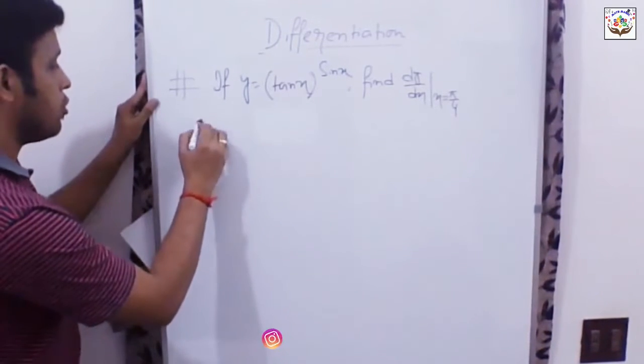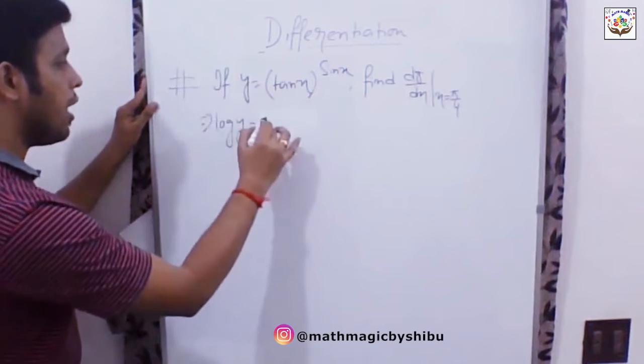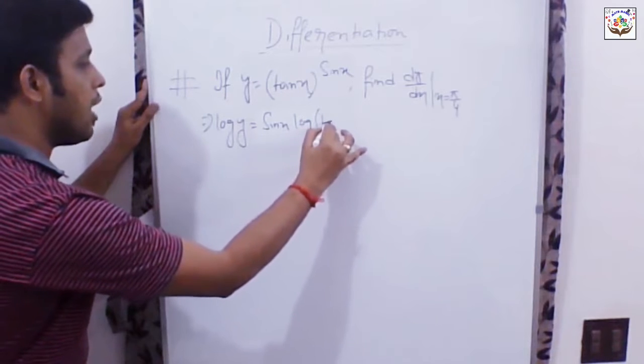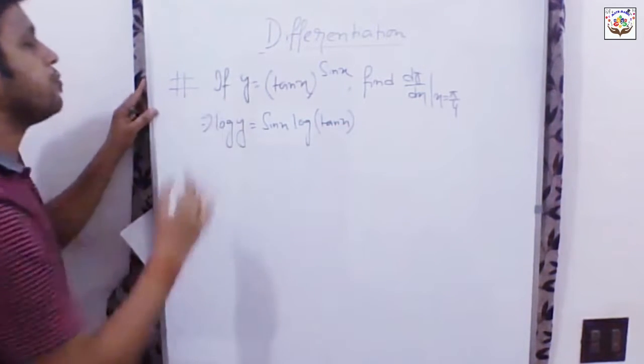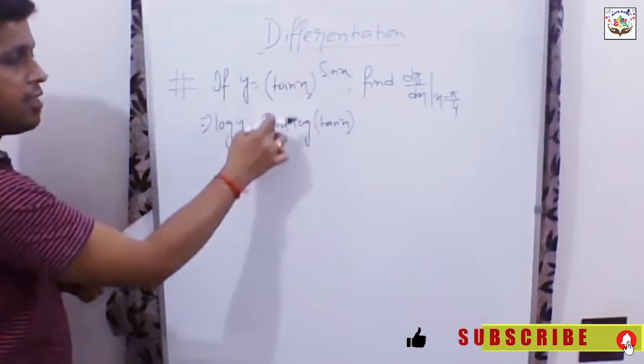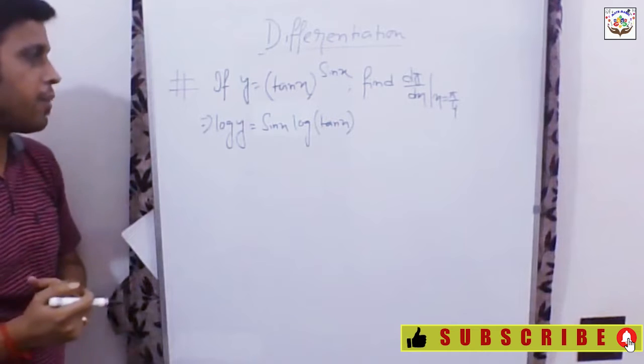So what will we get? We'll get log y here, and we can write sin x log tan x. I hope I do not need to repeat why I have taken sin x in the coefficient. As you know, this is a standard formula for log, right?